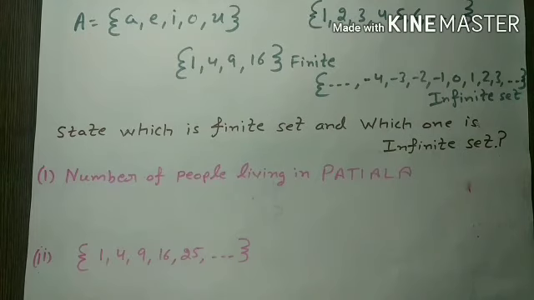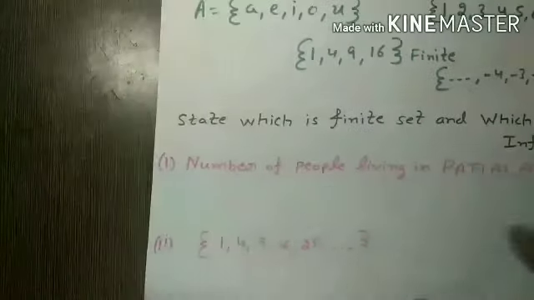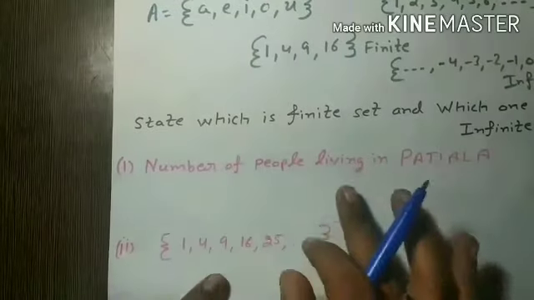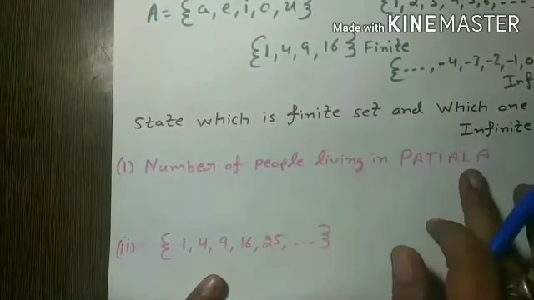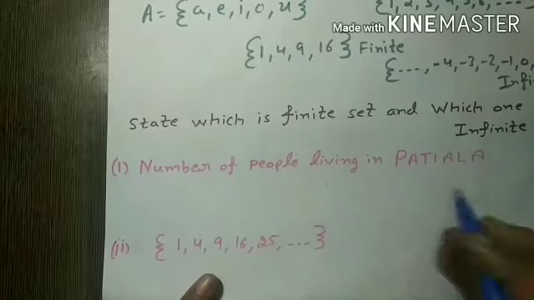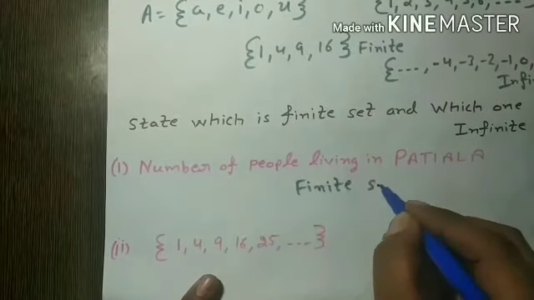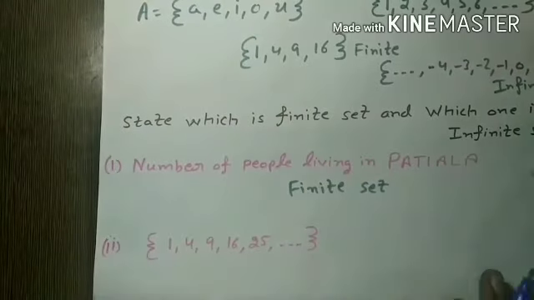Census means the counting of the population, how many males, females and children are there in the country. In the same way, the data is collected from every city and every village. Patiala is a city of Punjab, so we can clearly say that the number of people living in Patiala is a finite set. Now this is the answer.